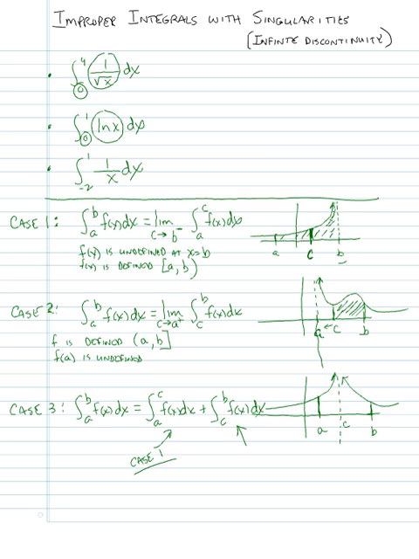The lower value. And so we would refer to case 2 above on how we deal with that. So case 3, where it's undefined in between A and B, we have to break into two integrals and go with what we did before. We create two different limits. Well, let's look at some examples now.